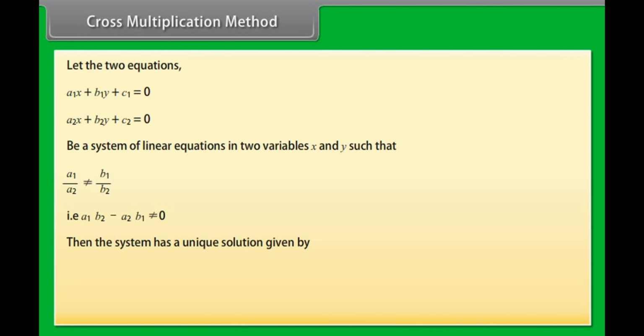Then the system has a unique solution given by x is equal to (b1 c2 minus b2 c1) whole upon (a1 b2 minus a2 b1) and y is equal to (c1 a2 minus c2 a1) whole upon (a1 b2 minus a2 b1).